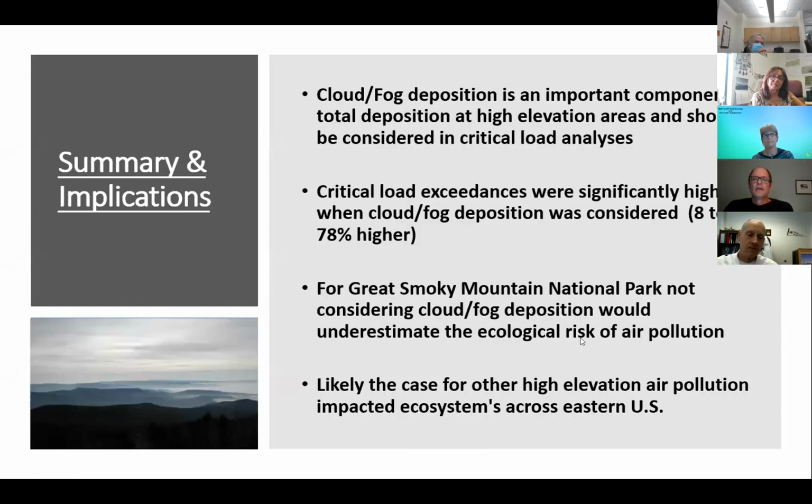All right, just a few closing remarks. Based on our analysis, cloud and fog is an important component, and it's something that we should definitely consider in our critical load analysis. You can see here when we consider it, exceedance rates expand from 8 to 78%, which is quite large.